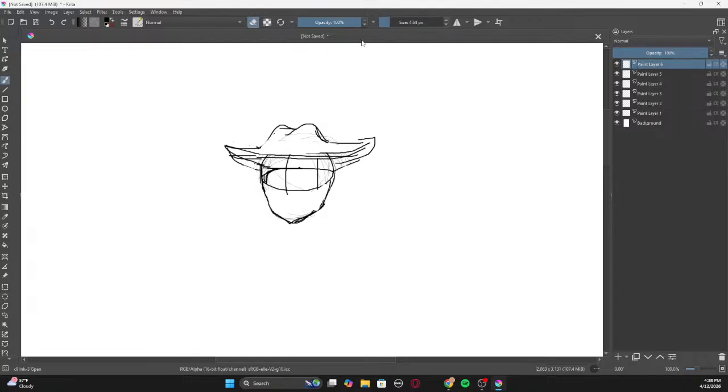Alright, so now go with the neck. The neck I think I usually am pretty good at doing, so we start from here. Right, little guy with the cowboy hat, and then we do the neck here.